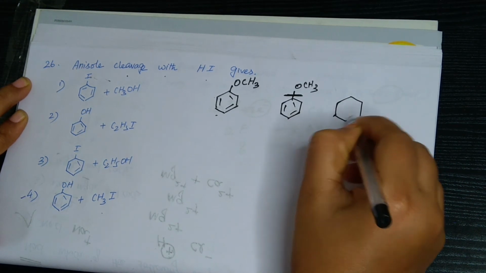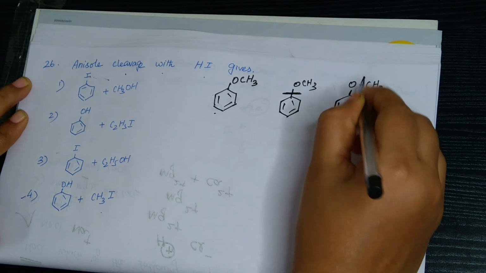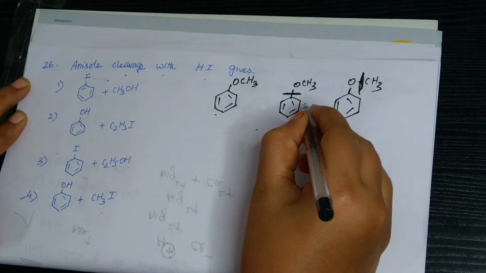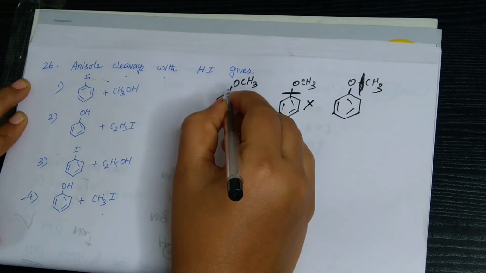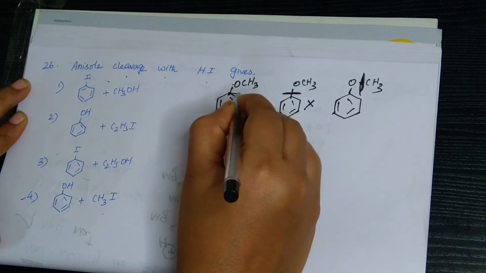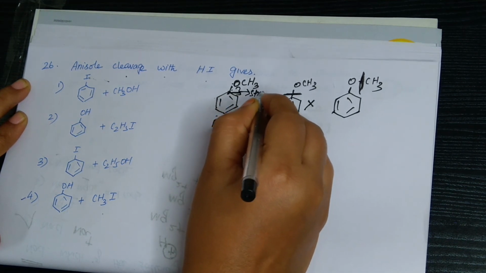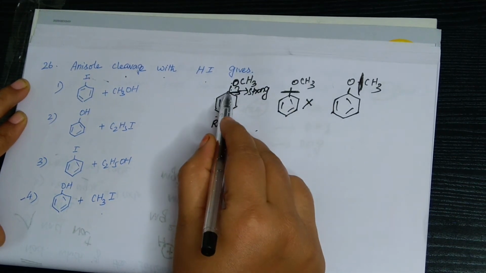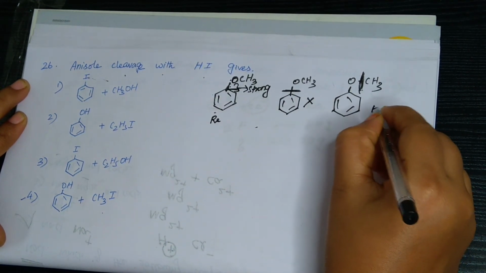Another one is here. See here, this cleavage will not take place because of the resonance. The bond between this ring and this is strong. So here the cleavage will not take place. Only this cleavage will be taking place.